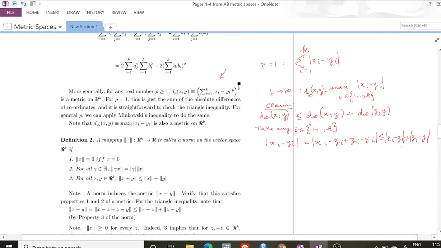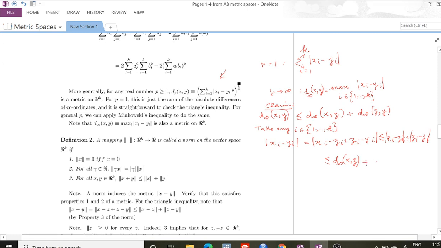But that is less than or equal to, first and foremost, the distance between x and z. So any xi minus zi in absolute value must be less than or equal to the distance between x and z, because the distance between x and z in terms of d infinity has been defined as the max across all the xi minus zi values, right? So a particular xi minus zi must be less than or equal to the max amongst them.